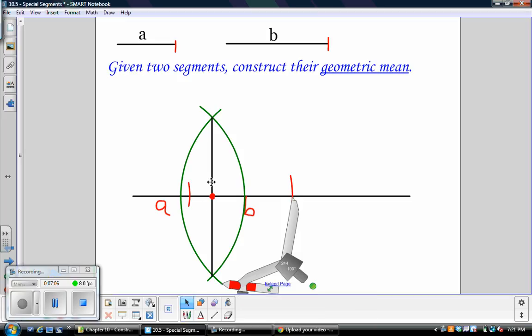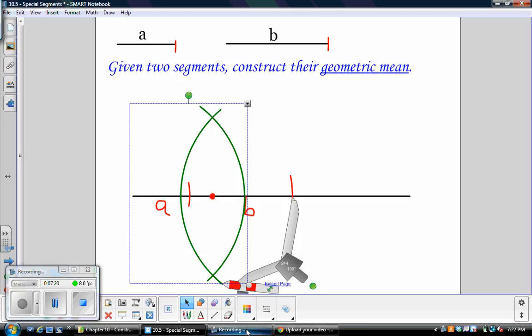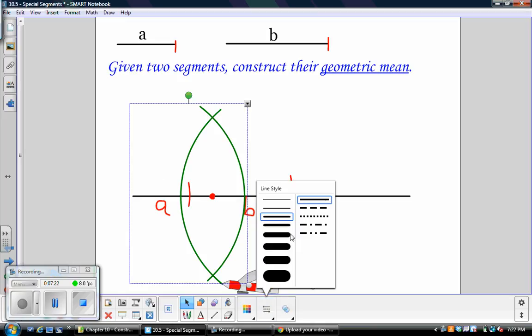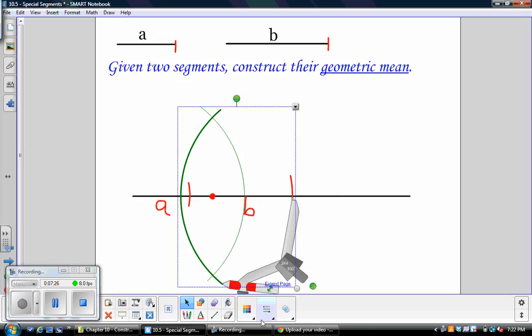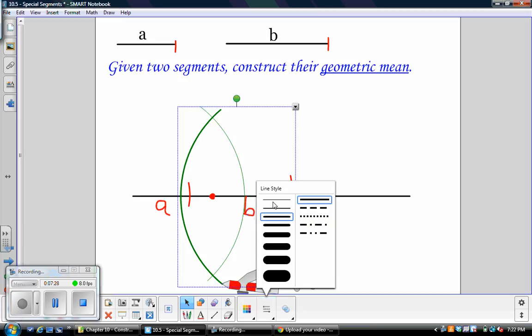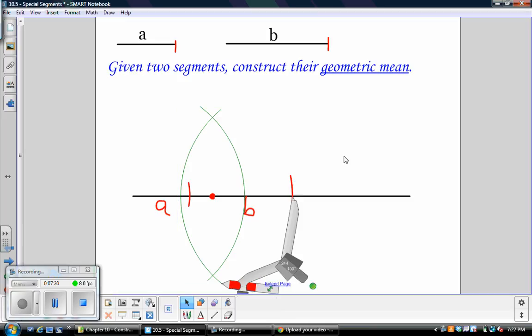And I'm going to make this a little less. I'm going to take that segment away, actually. I'm just going to delete it, because all I needed was that midpoint. And I'll make this a little bit lighter, not as thick, so it's not in our way. Okay, now I know the midpoint.